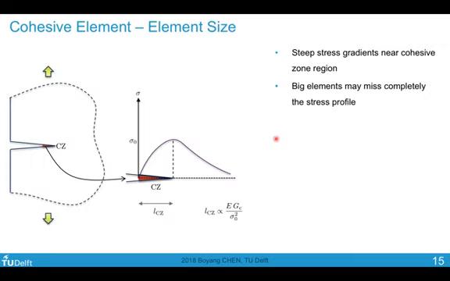Another important issue about cohesive element is the proper selection of element size. In the cohesive zone model, we have a rising part of the stress, and then it starts to decrease. Depending on the size of the cohesive zone and the level of critical stress, this part of the curve could be very steep.